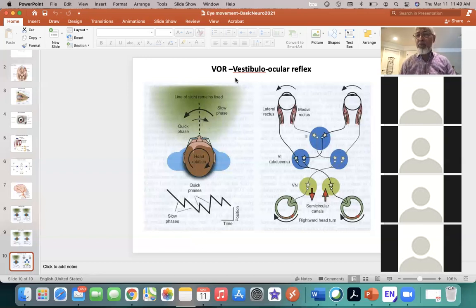Can you tell me, when we read a newspaper or a book, is it a saccadic movement or a pursuit movement? Smooth pursuit. Just guess. Give me a guess. Smart guess. Anyone?